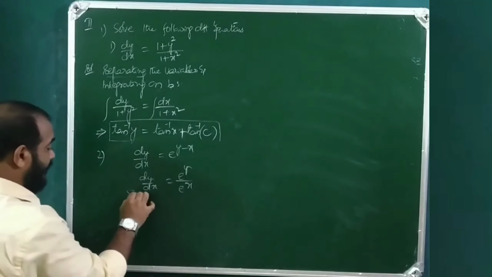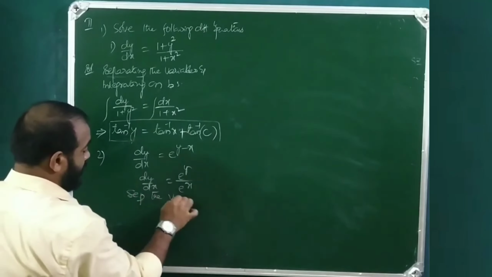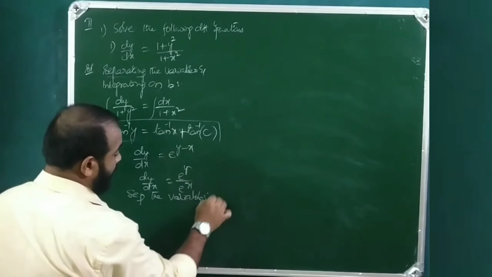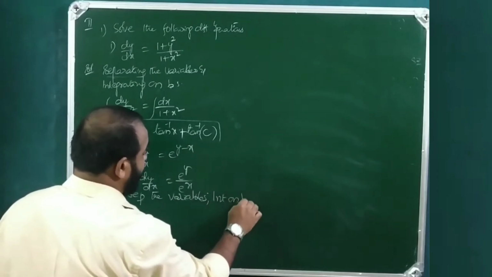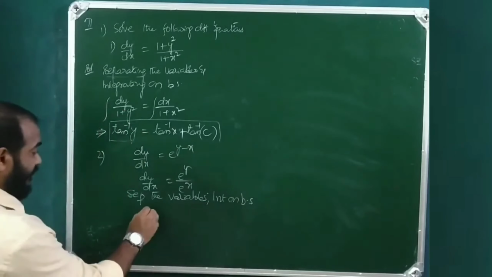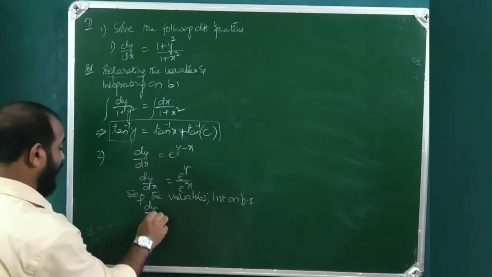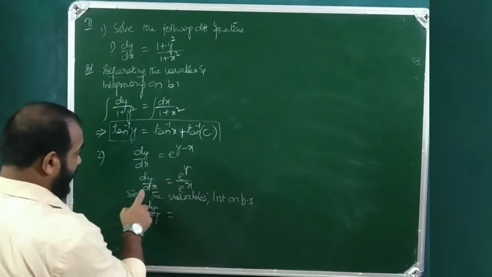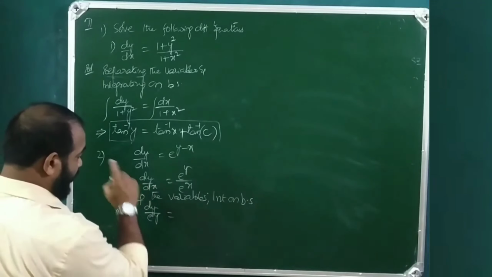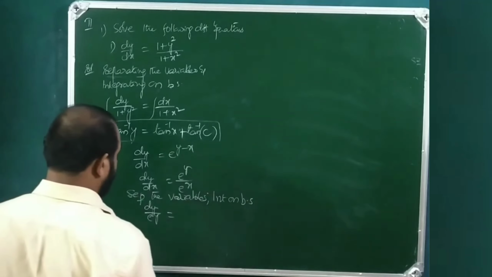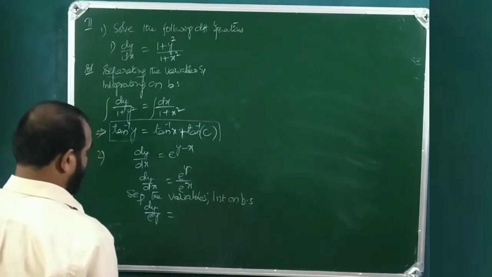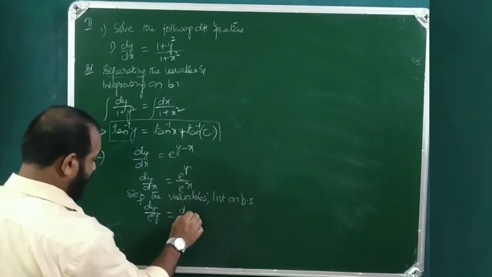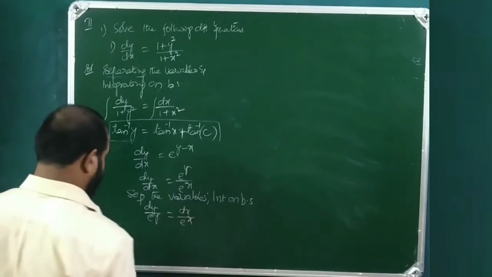So separating the variables and integrating on both sides, this is dy by e power y equals dx by e power x.